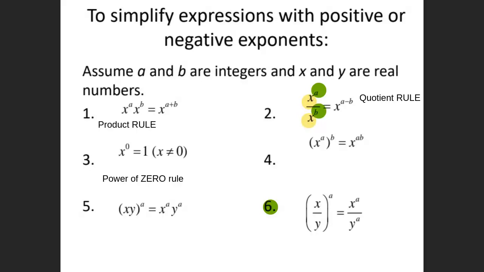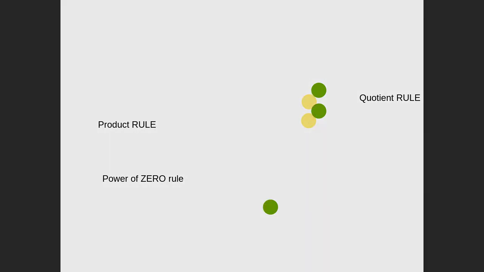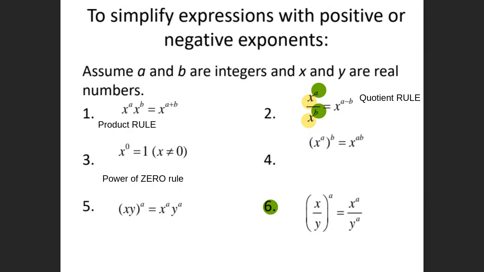Now, this one was known as your power rule, or what I called the piggyback rule, because you had exponents back to back. And again, this was also your power or piggyback rule, for number 5.